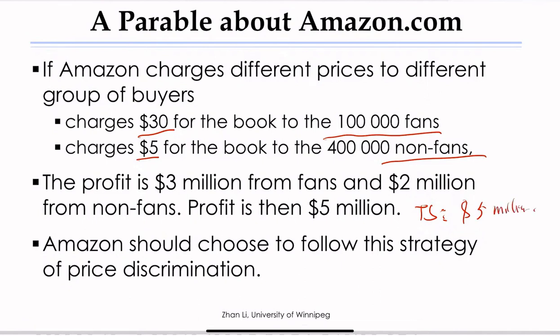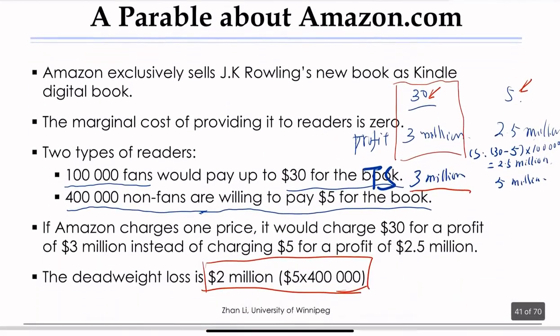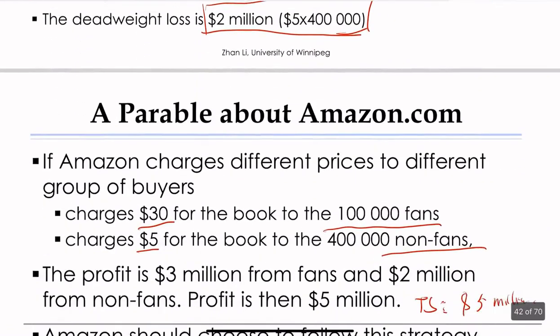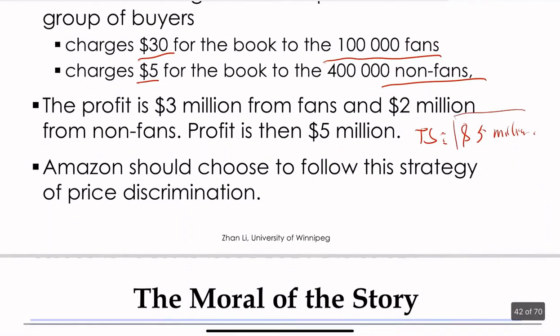So in this case, if the firm can use price discrimination, it can actually get higher profit. Not only can the firm get a higher profit, the total surplus, at least in this example, actually increases, right? In the beginning, the total surplus is only $3 million. And now the total surplus actually increases to $5 million.